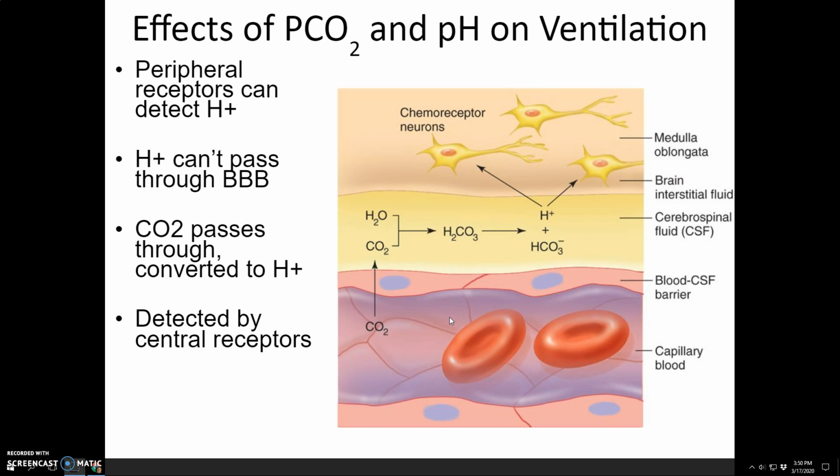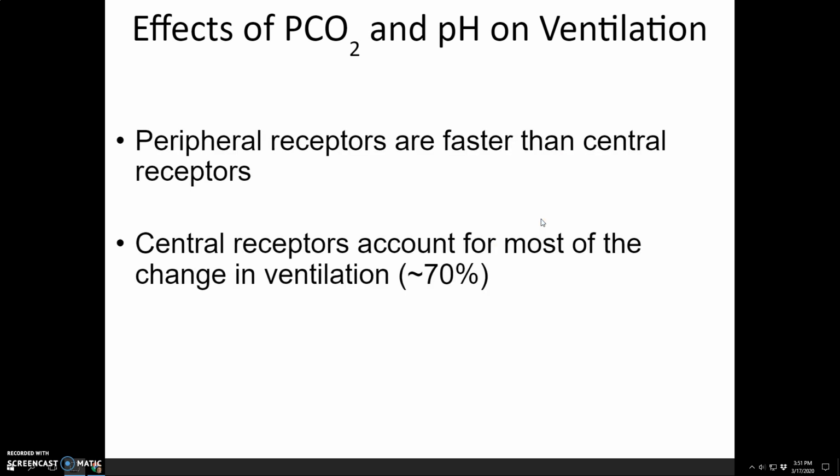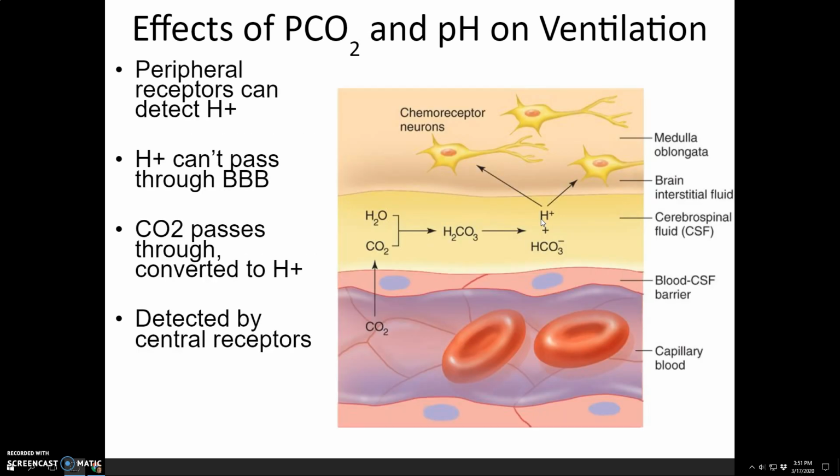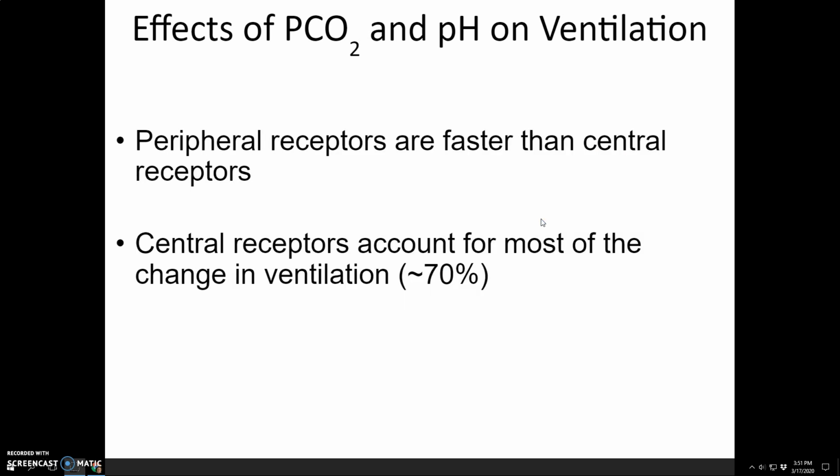So instead, CO2 moves across the blood vessels of the brain. It can move across easily because it's small and nonpolar. When it's there, it reacts with water to produce H+, and that H+ can be detected by central chemoreceptors within the medulla oblongata, and that can increase rhythmicity.